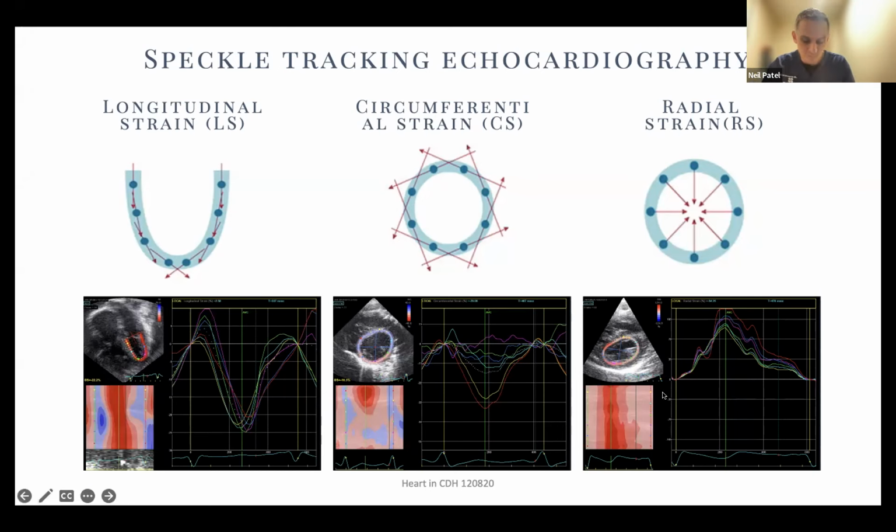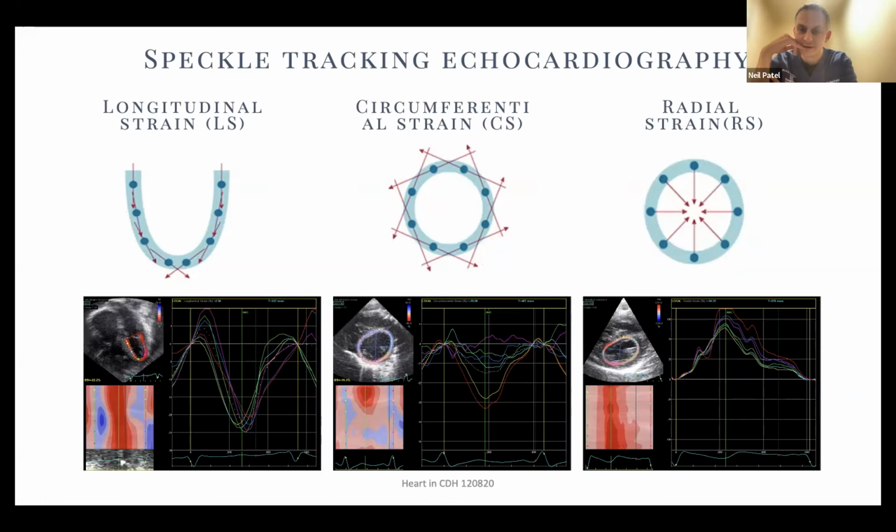So that's why when you look in that plane at strain within the ventricular wall in the radial plane, it's actually a lengthening, which is a positive value during systole. Whereas when you look in the circumferential plane and the longitudinal plane, because during systole there's a shortening, that's a negative strain.